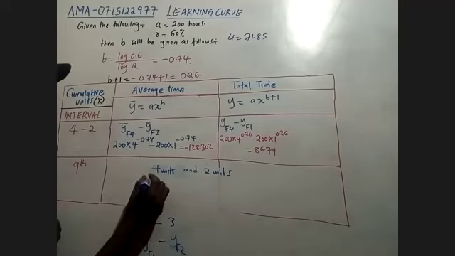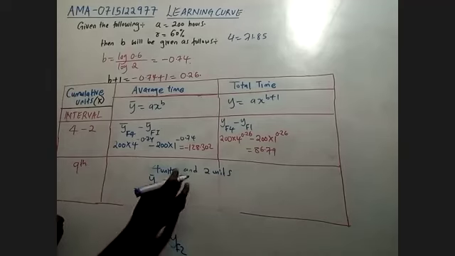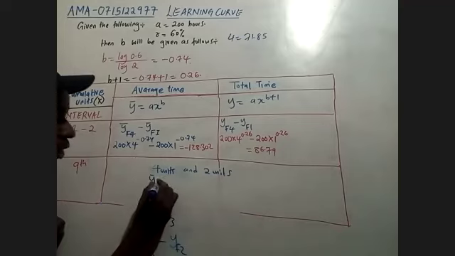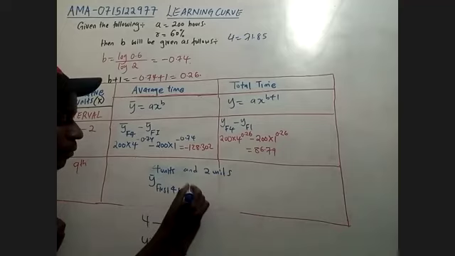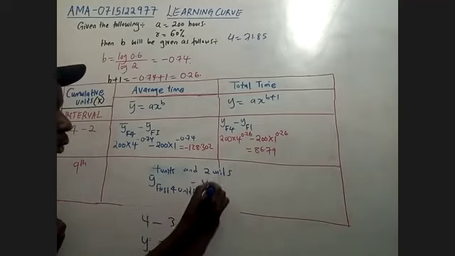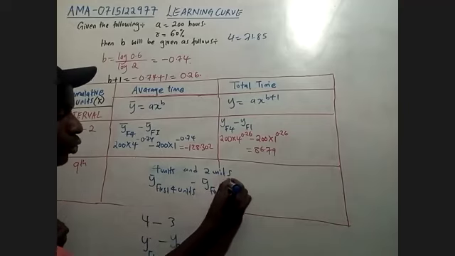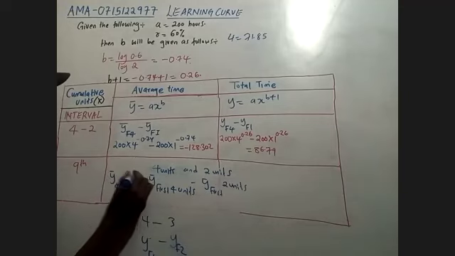Now, the average time, remember, for me, Y bar. The average time between 4 and 2 will be the average time for the first 4 units minus the Y bar for the first 2 units. So this one you get the Y bar between 4 and 2.